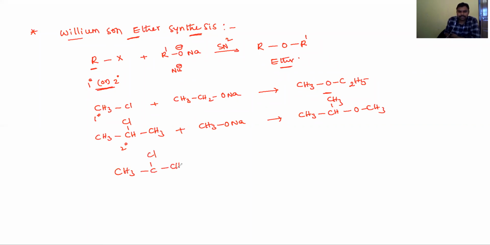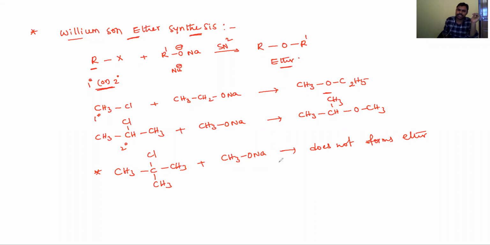if you use (CH3)3CCl and react it with the base CH3ONa, sodium methoxide, then it does not form ether. No Williamson ether synthesis. So what kind of alkyl halides do not give Williamson ether synthesis? What is the product?